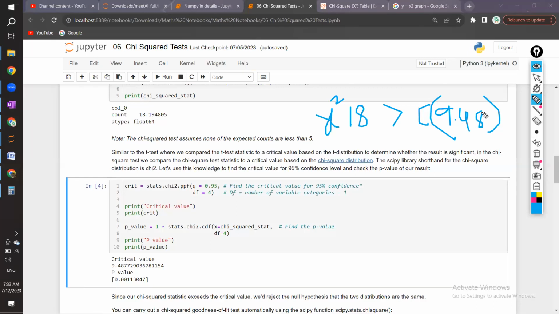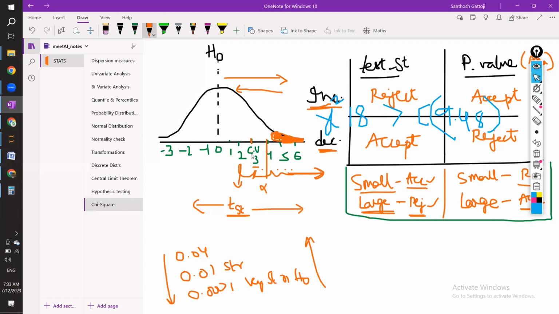So if the chi-square is greater than the critical value, see guys, somewhere here is our critical value, and our chi-square is greater than it. Is it to the right side or the left side? Right side. Great. The test statistic is greater than the critical value, so it will be on the right side.